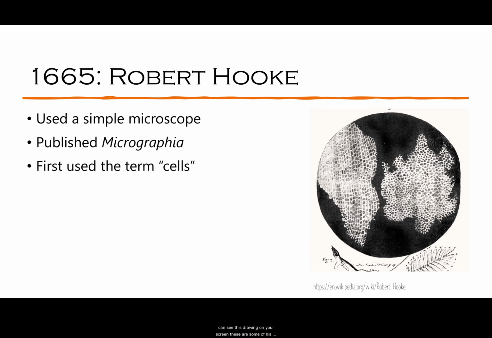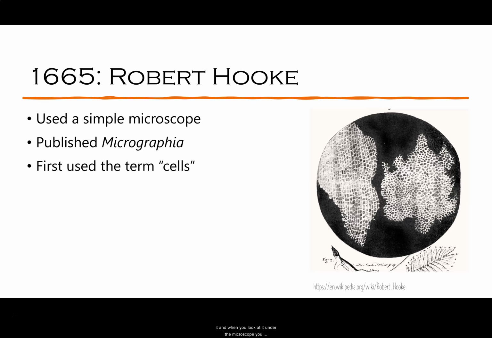You can see this drawing on your screen. These are some of his original drawings of very thin slices of cork bark. Now, cork bark, you may know, is very, very light. And even though it appears solid, it is filled with all these spaces in it.